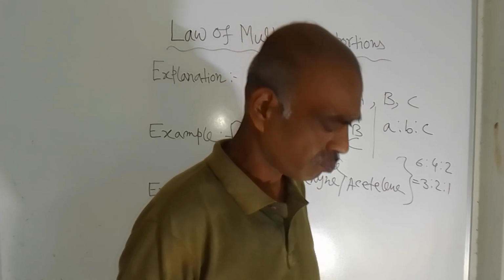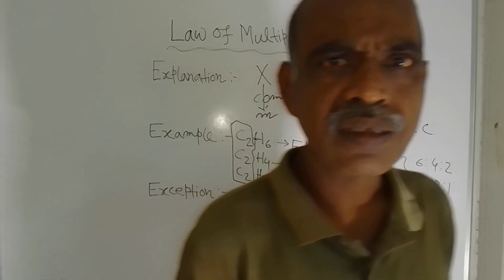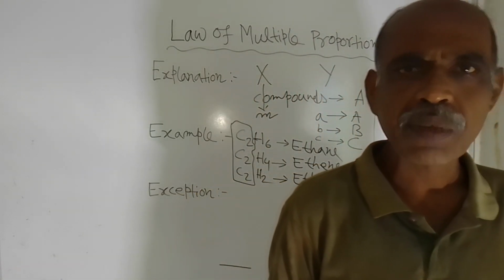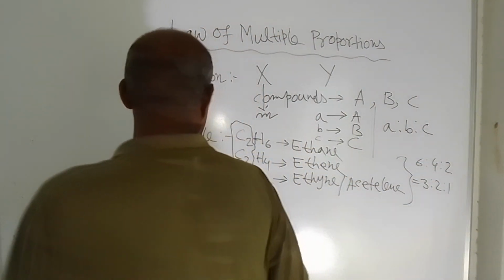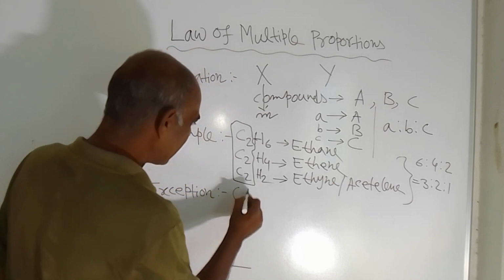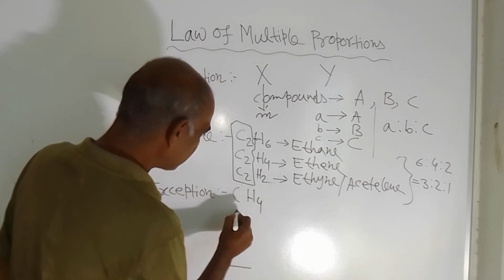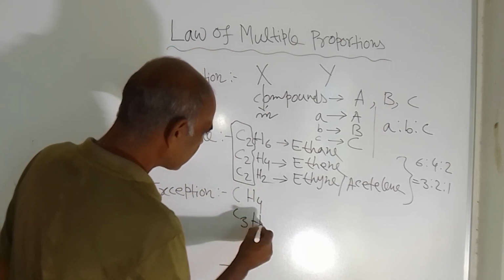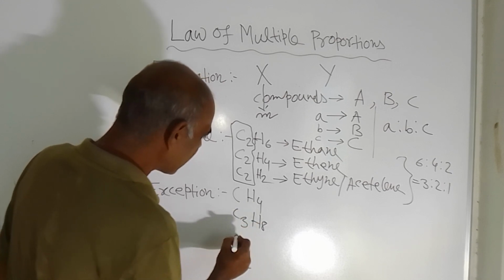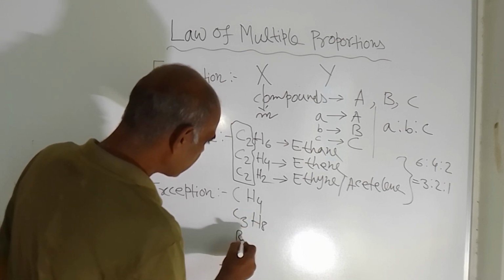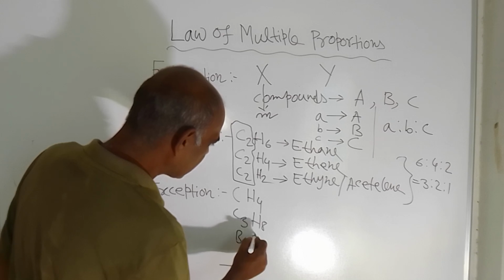Then propane is there, denoted by C3H8. So I am writing all these things, CH4, then C3H8. Then butane is there, C4H10.